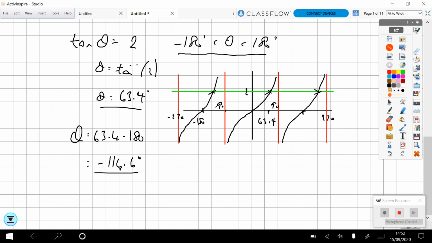And if I do tan of that angle, it should make pretty much 2, and it does. Again, not quite perfect because of the rounding that we performed at the first stage. So you find the first value with your calculator and you use a good sketch of the graph to find any other values in the range that you've been told to use.